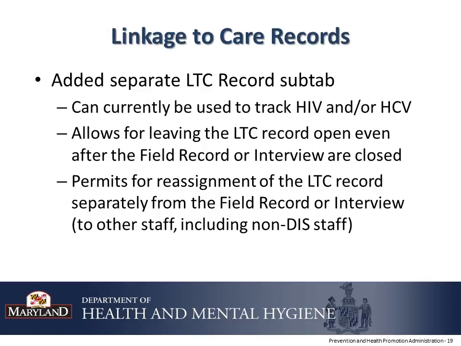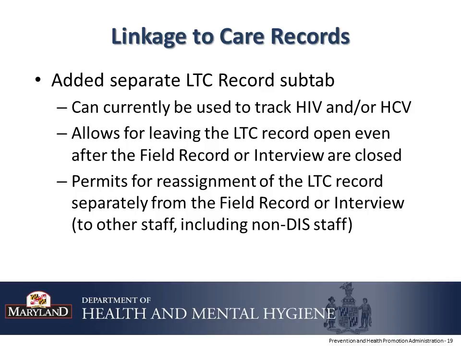Linkage to care records are treated kind of like labs are treated in PRISM, so it's a separate sub-tab in PRISM. ASD just modified it at the end of last year so that we can use it for HIV or hepatitis C, because Baltimore City is doing some linkage to care work with hepatitis right now.